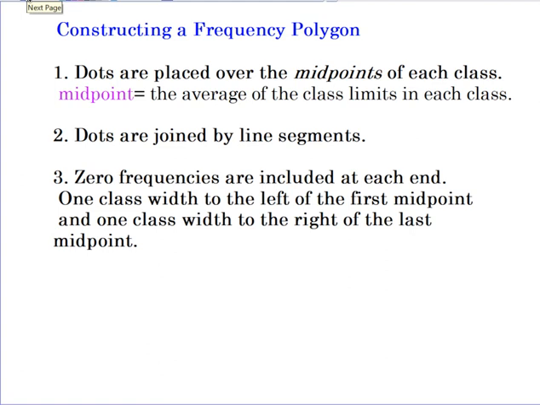Remember, the midpoint is the average of the class limits in each class, so the lower boundary plus the upper boundary divided by 2 will get you that midpoint. Dots are joined with line segments, and there's going to be a 0 frequency to start everything off, one class width to the left of the first midpoint, and one class width to the right of the last midpoint. So basically, it starts at 0 and ends at 0.